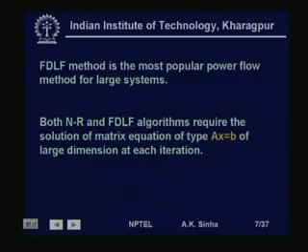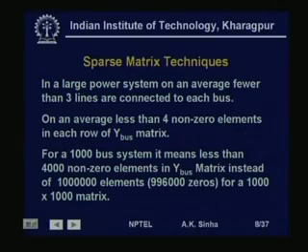But one advantage that we take from the physical structure of the system is that in a large power system, on an average fewer than 3 lines are connected to each bus.